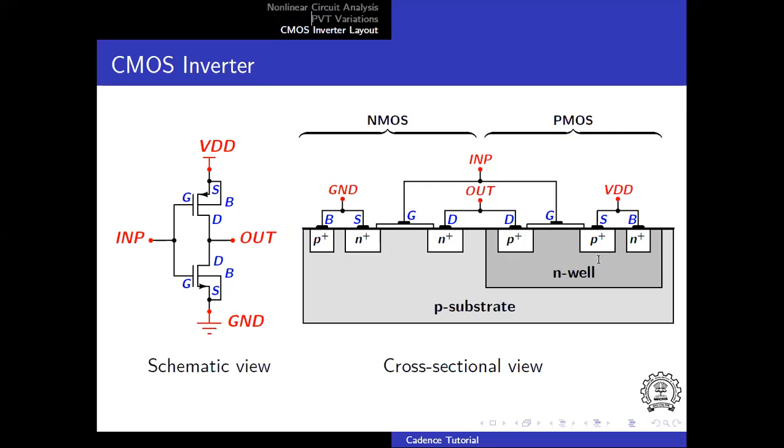Similarly for PMOS, we have P plus source and drain and N as body, but we have a separate N well in which we make the PMOS because we need an N base to make a MOSFET. So why this is important, we'll see in the layout, where we need to put these body contacts, N wells, and this N plus contact for the PMOS.